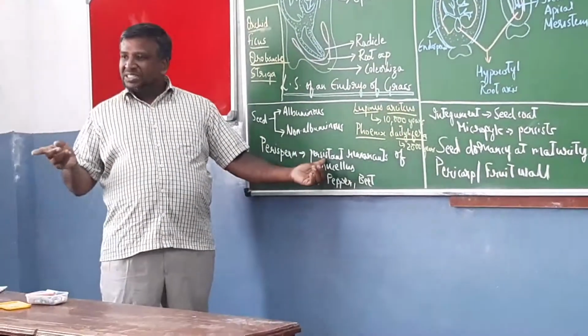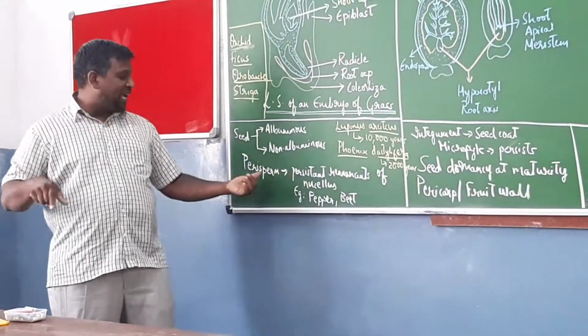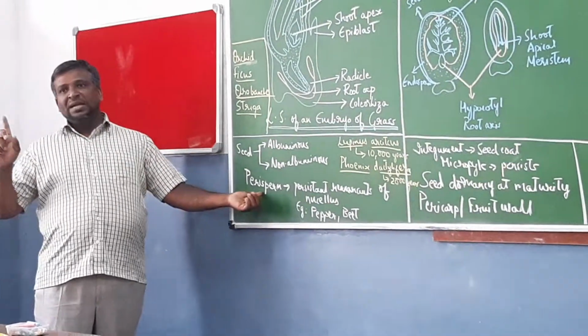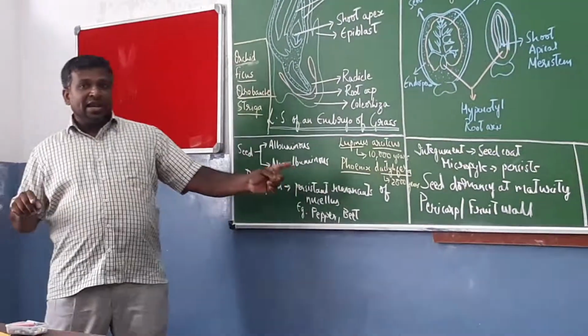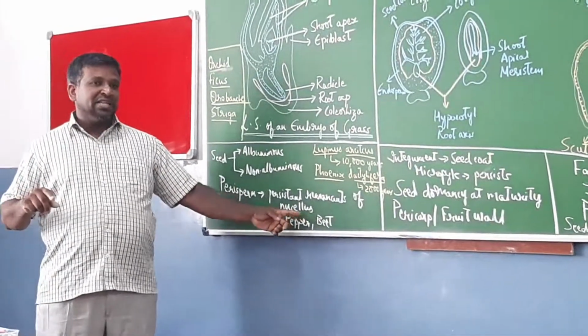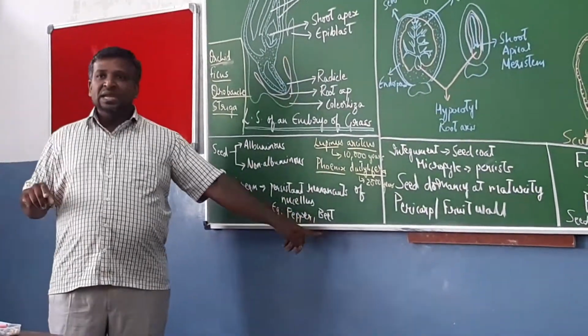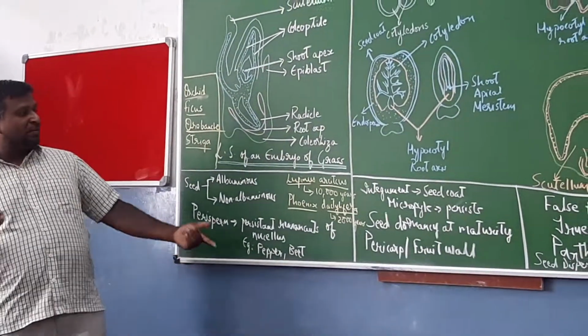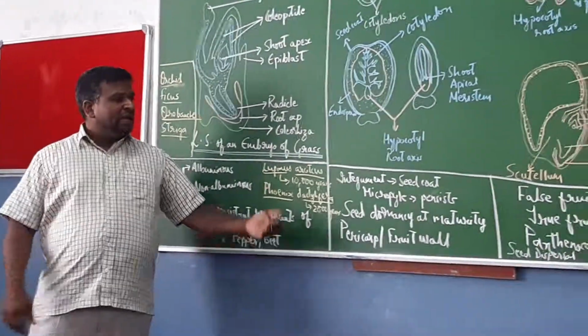We call that persistent nucellus present in the seed perisperm. For a one mark question, you have to remember that the persistent remnants of nucellus present in black pepper or beet are called perisperm.